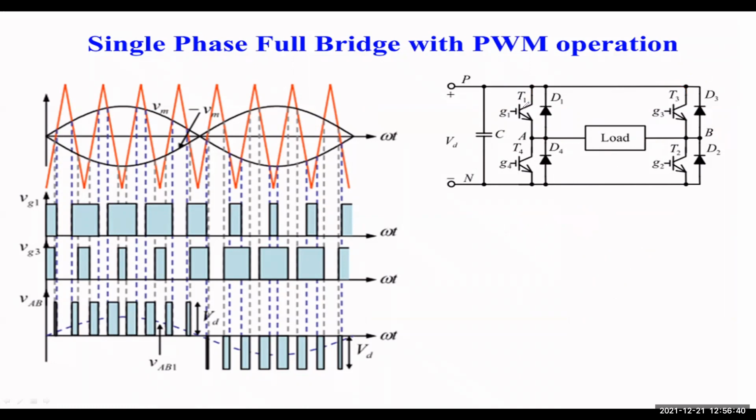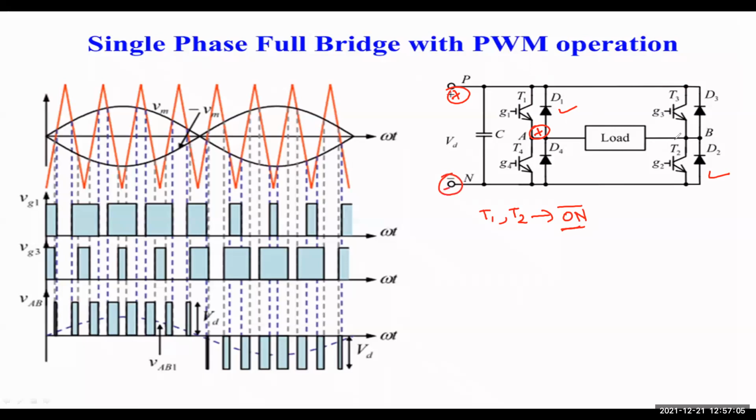And then if thyristors T1 and T2 combination are turned on, that means a positive voltage is applied across VA, and T1 is turned on and T2 is turned on, so here is negative polarity.